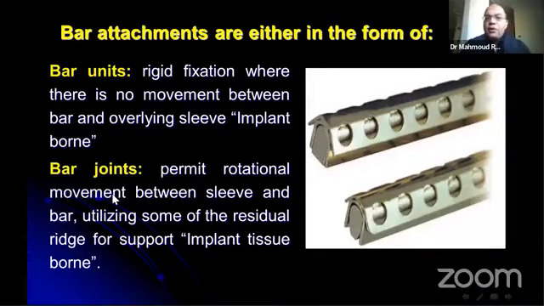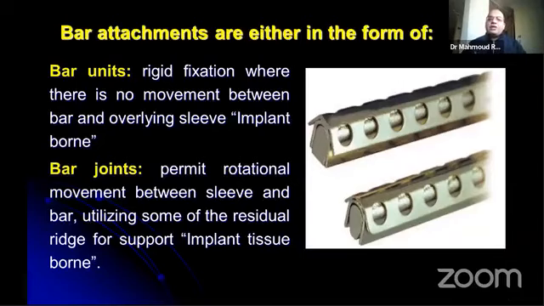We have two types of bar attachments. The first is called bar unit: rigid fixation, where there is no movement between the bar and the overlying sleeve. The bar unit doesn't allow any movement. It's called a rigid bar, or a non-resilient bar.